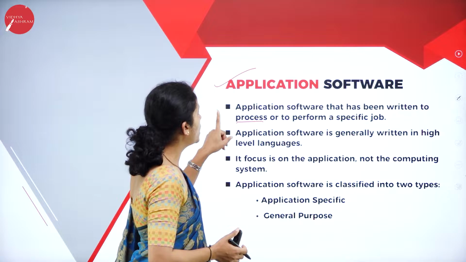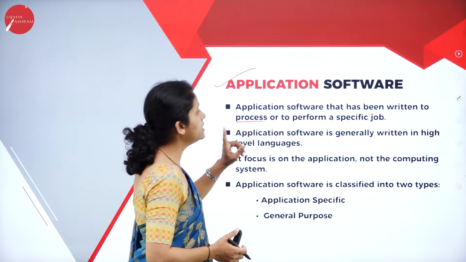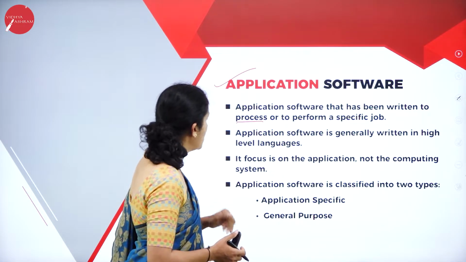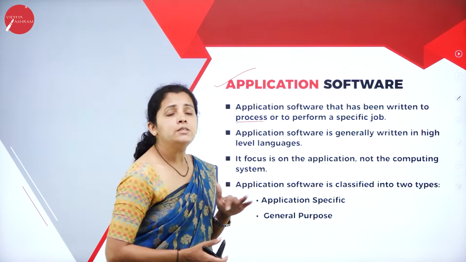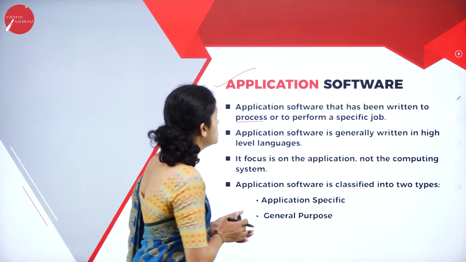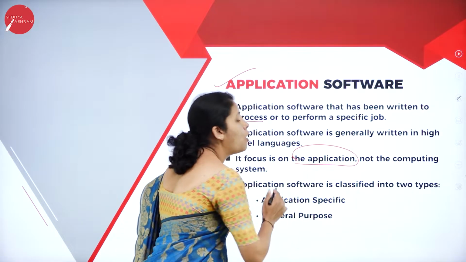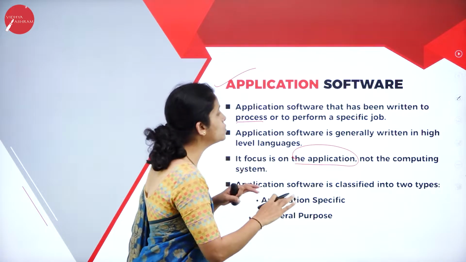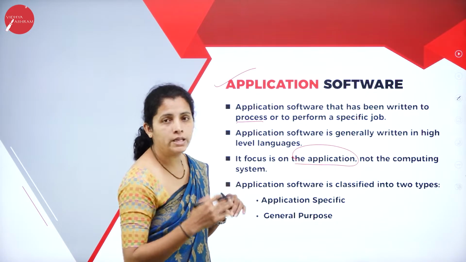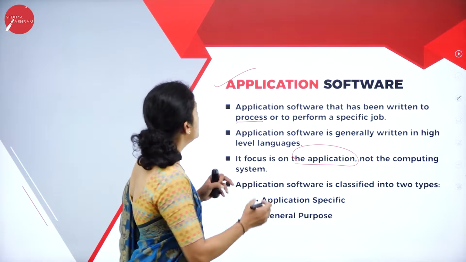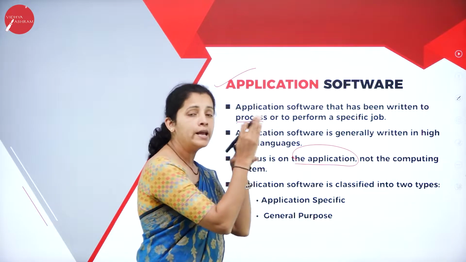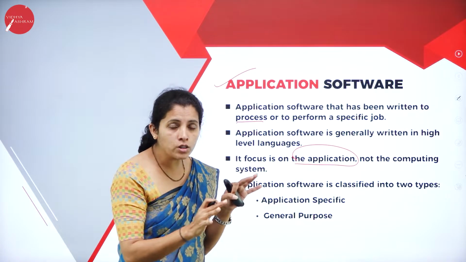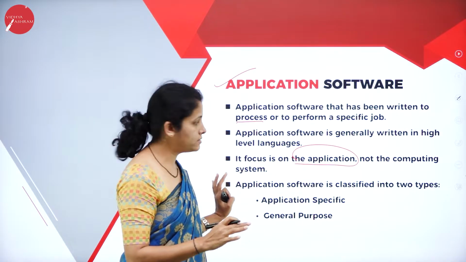That is, what application software is, and that it is written using a high-level programming language. It is mainly going to focus on the application or the usage of the application, but it's not going to focus on the computing system. So it's not going to bother about the computing system.